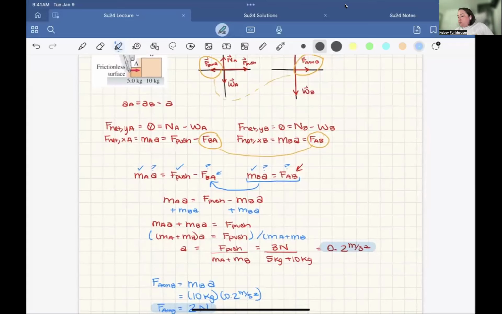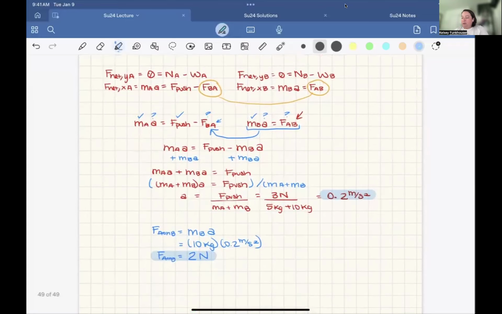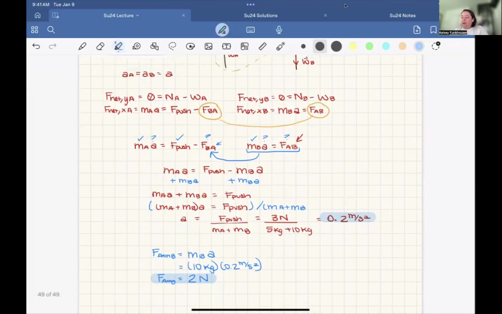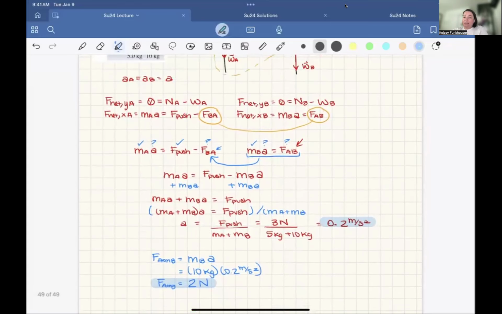And so that's what we did. We just plugged in mass B times acceleration into the A equation and solved for acceleration. We got 0.2 meters per second squared. And then we plugged that back into the B equation and solved for the force of A on B, which is what it asked for.